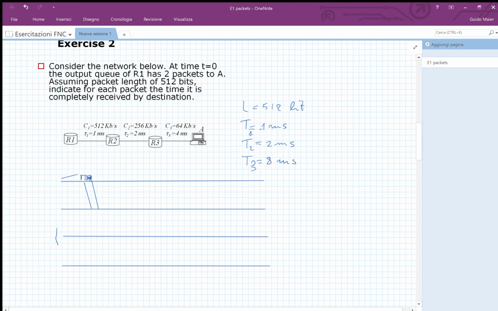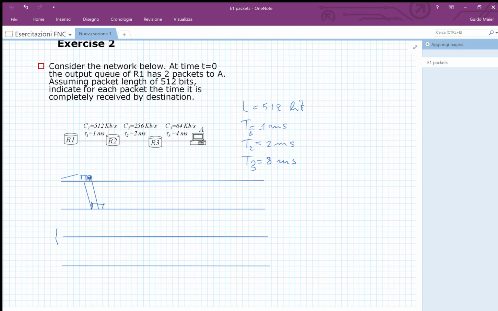And in this instant, the first packet has been completely received by R2. R2 starts transmitting it, but it will take 2 milliseconds. So you can notice that the last bit of the second packet arrives in R2, while the output interface is still busy retransmitting the first packet.